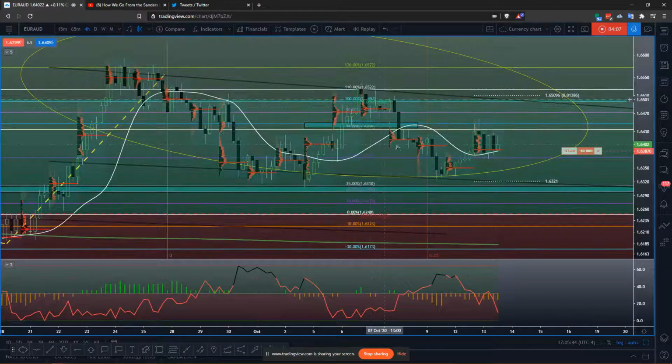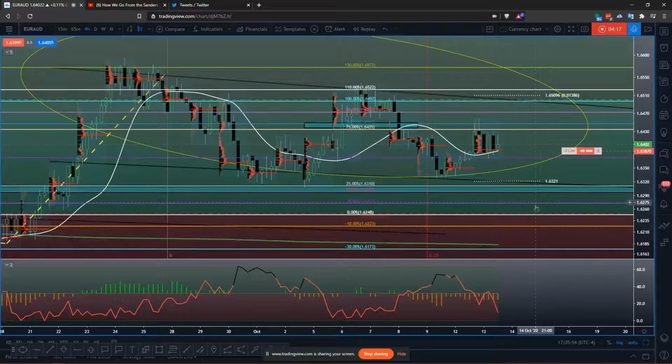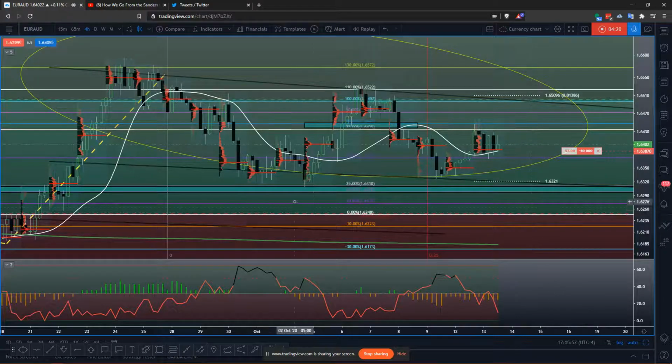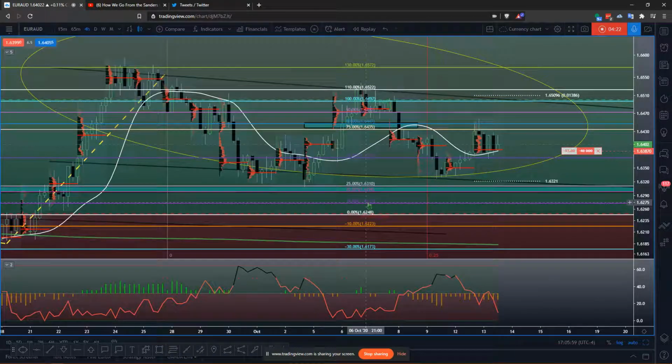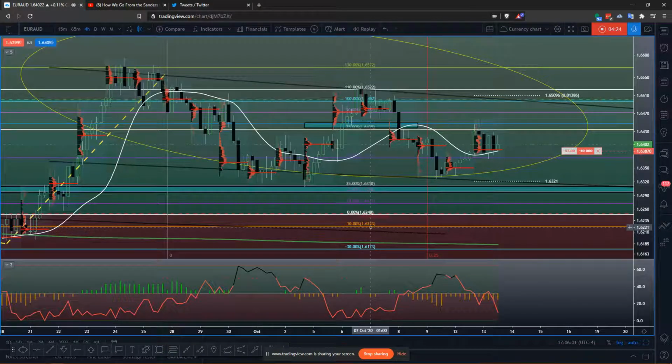So when that happens, the next thing I look for is for price to visit the 1.625 area and figure out, are we going to close either right here at the 1.627, or at the 1.622 area? Both of those have very much importance.